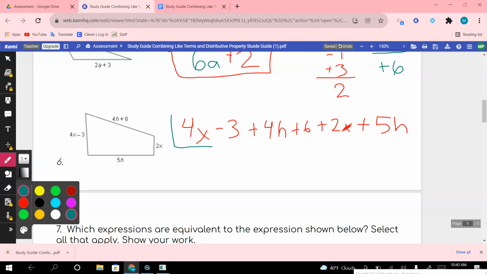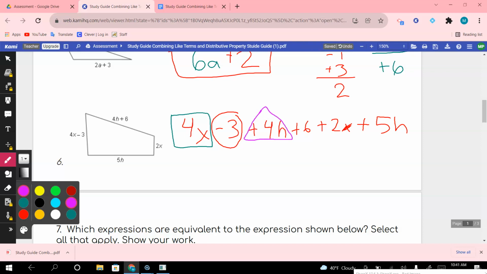Okay, we have 4x, negative 3, not the same because it doesn't have a variable, plus 4h. Oh, that's not the same as either one of those because it has an h and not an x.